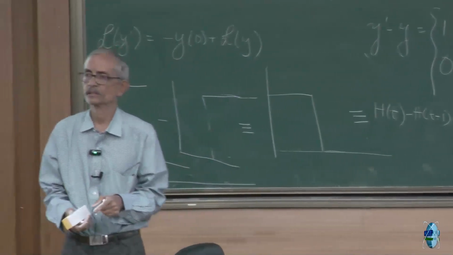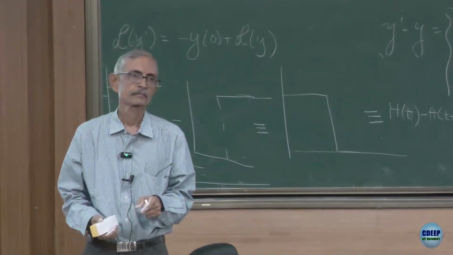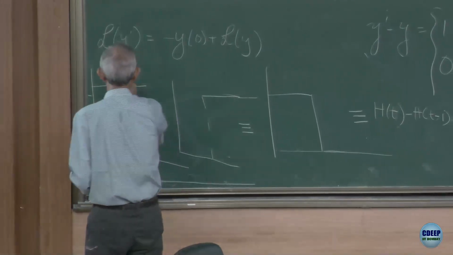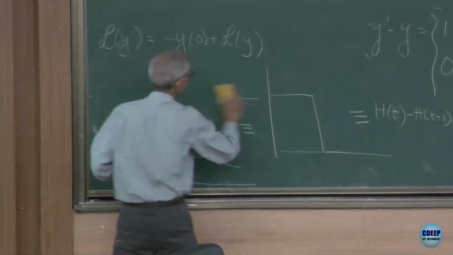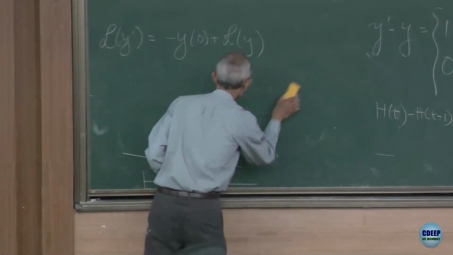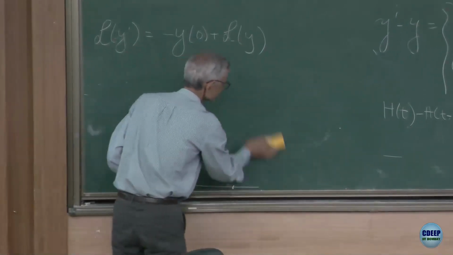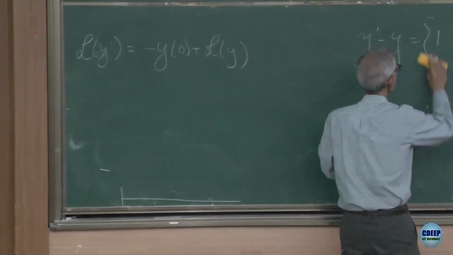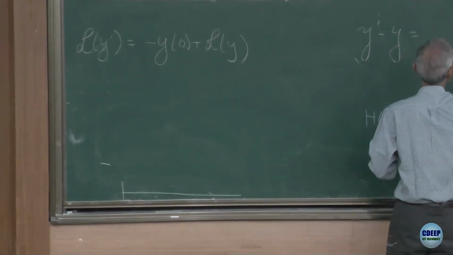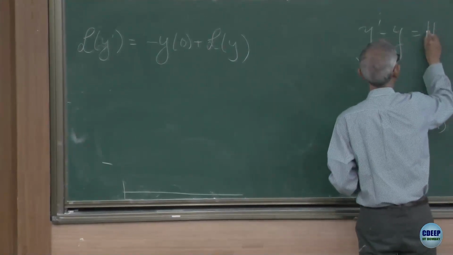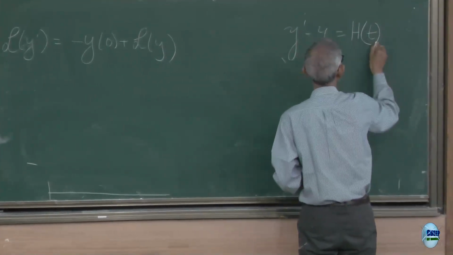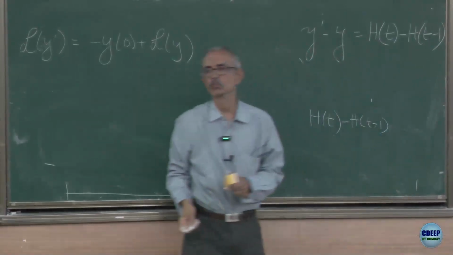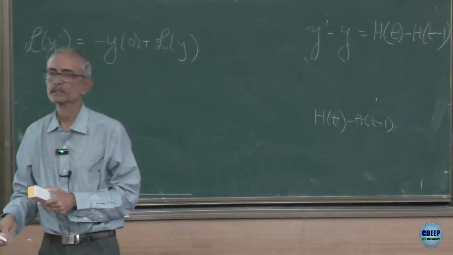Anybody not clear on that? Okay, good. So my right hand side is also taken care of. So I have y equal to Heaviside of t minus Heaviside of t minus 1. Okay?